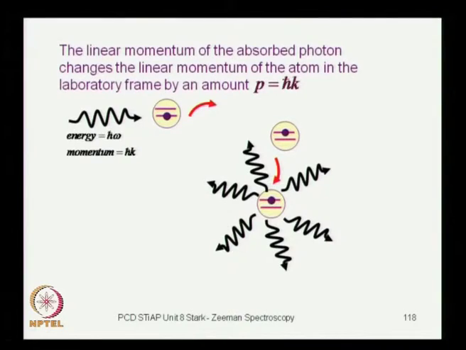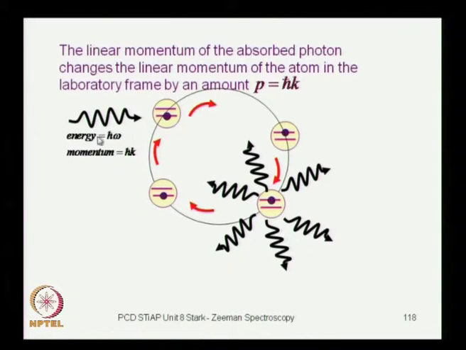So, what happens after the radiation is emitted through spontaneous emission? The atom would go down to the lower state as it started out with. It comes back to the lower state, and now it is ready to absorb another photon, and this is what is called the cooling cycle.